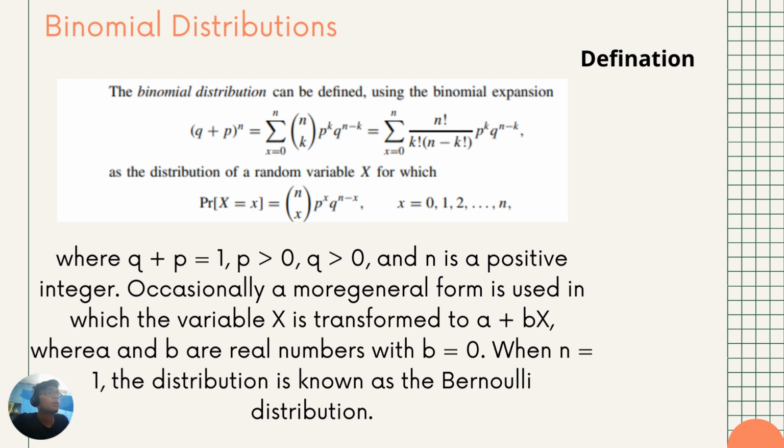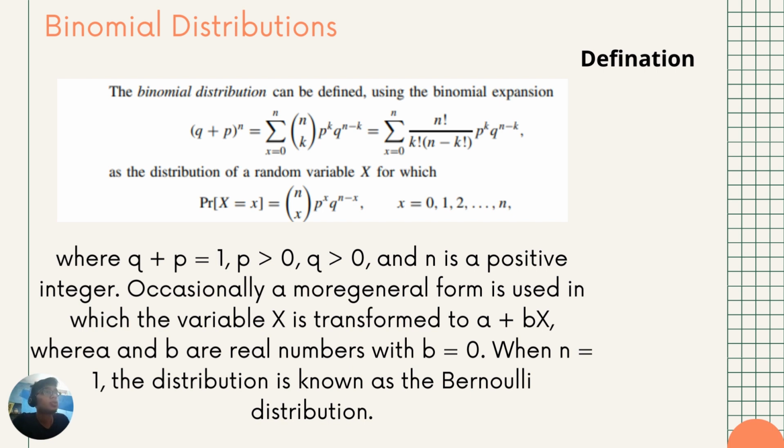Here q plus p must be equal to 1, because q and p both represent probabilities, and p and q are greater than or equal to 0 since probabilities cannot be less than 0.